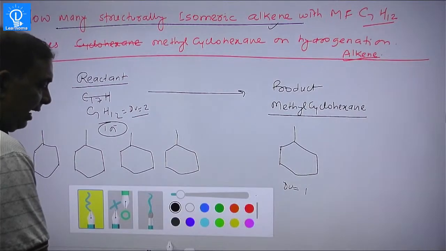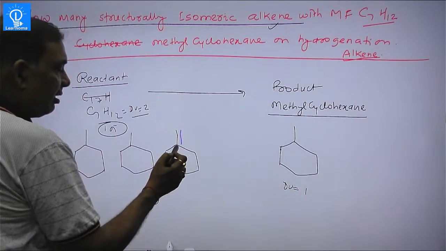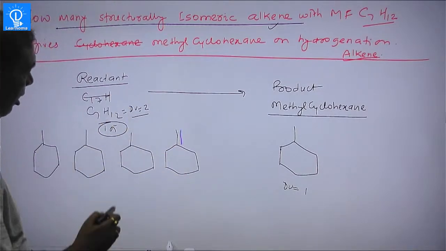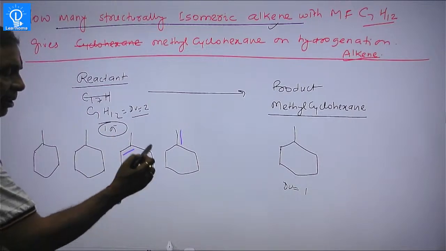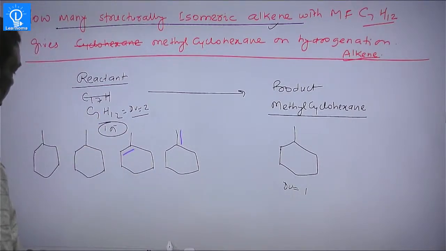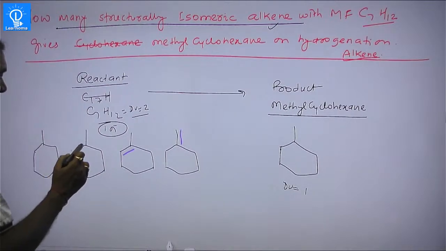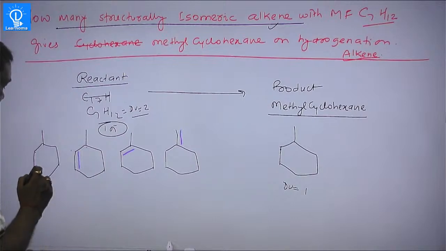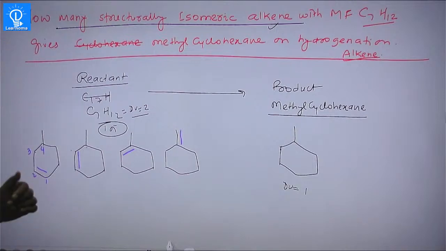And we can say that either the pi bond can be here, methylene cyclohexane, or the pi bond can be here, 1-methyl cyclohexene, or here, 3-methyl cyclohexene, or here, 4-methyl cyclohexene.